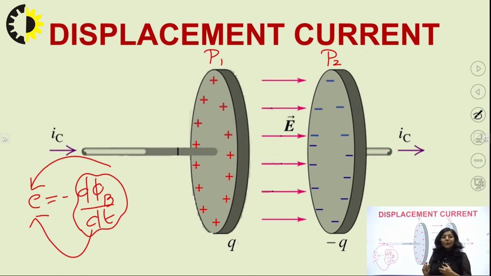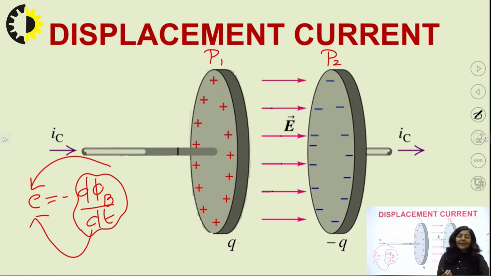Because of a time varying electric field between these two plates of the parallel plate capacitor, you have a magnetic field there. And whenever we have a magnetic field in a circuit, we can say there is current. But that current is not due to actual flow of charge. That current is because of a time varying electric field.